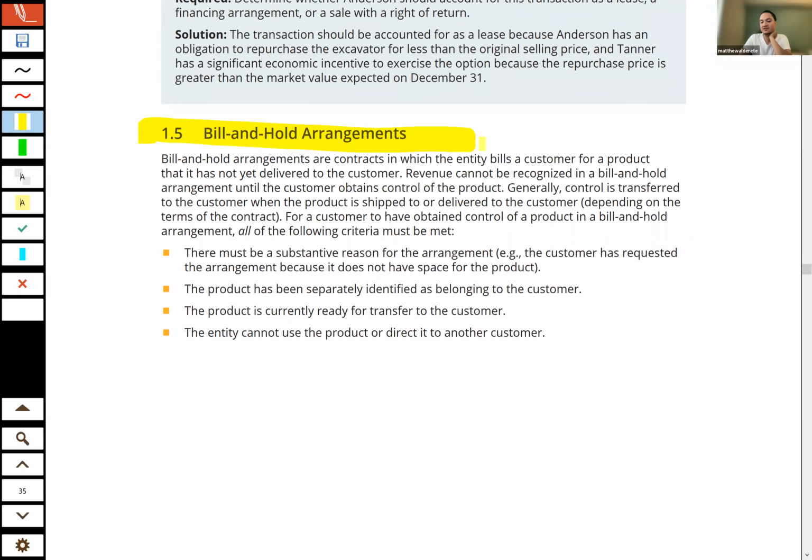I think there's some criteria to that. Is it specifically set aside for that customer? Can it be available to other people? Well, you're going through the criteria listed below from maybe your study of business law. But from a common sense standpoint, you asked me to hold something for you because you're not ready to pick it up.